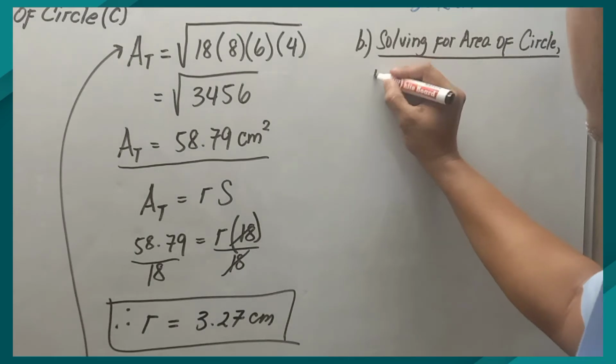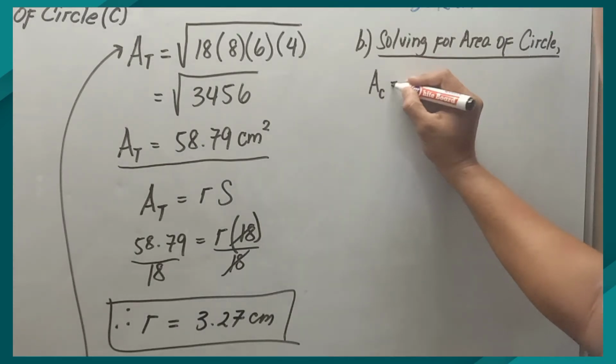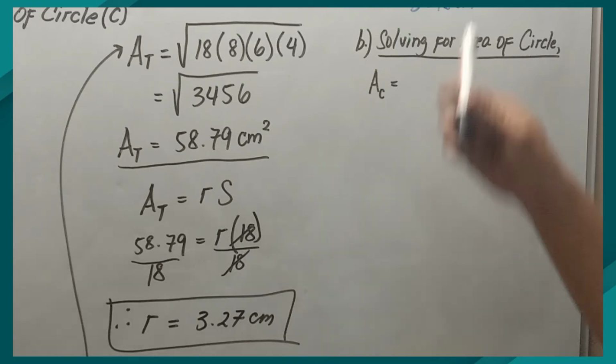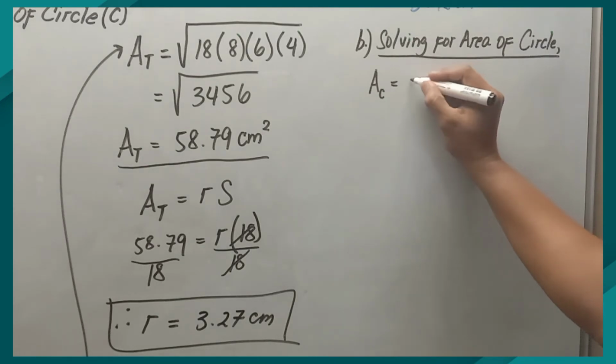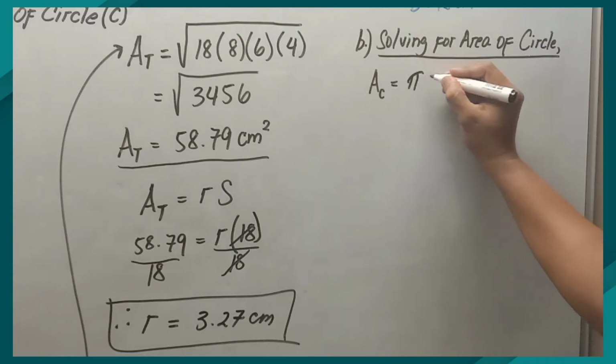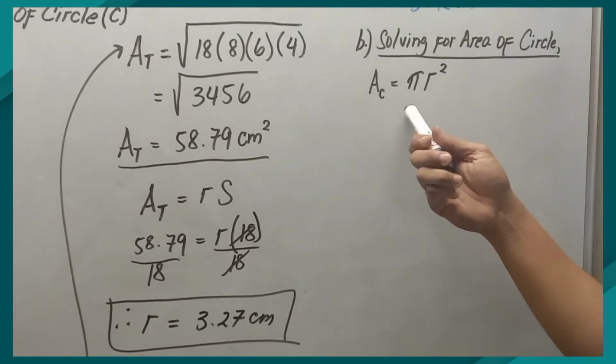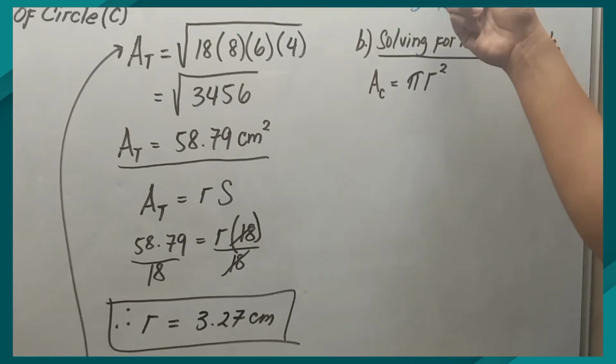So area of circle, A sub C is equal to, what's the equation, guys, on how to find the area of a circle knowing the radius? Area is equal to pi times R squared. Correct?